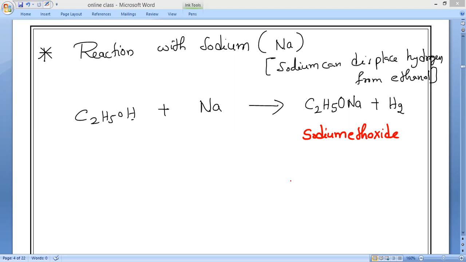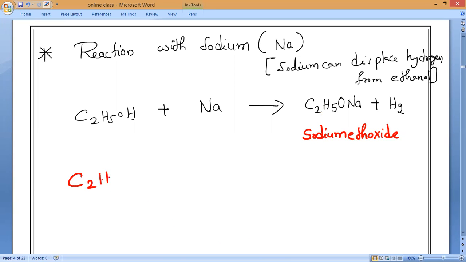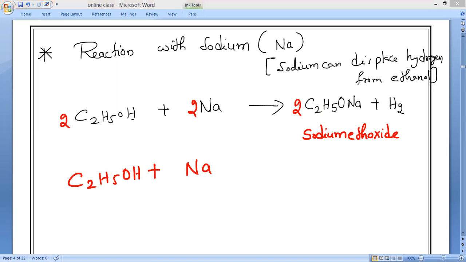The same equation I will write like this. Please all of you remember, everything is the same. C2H5OH plus Na. Balance it fast: 2 Na will come, and 2 C2H5OH. Is it okay, all of you? And H2.